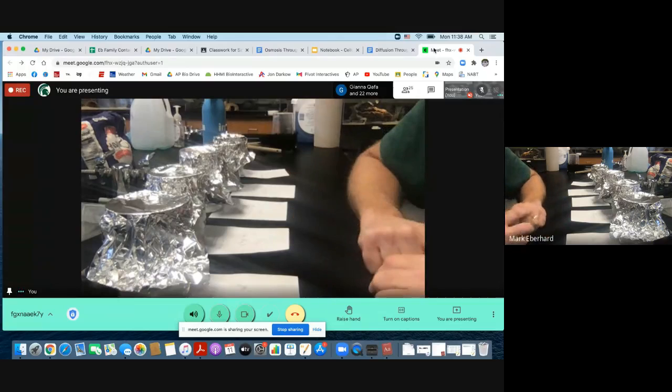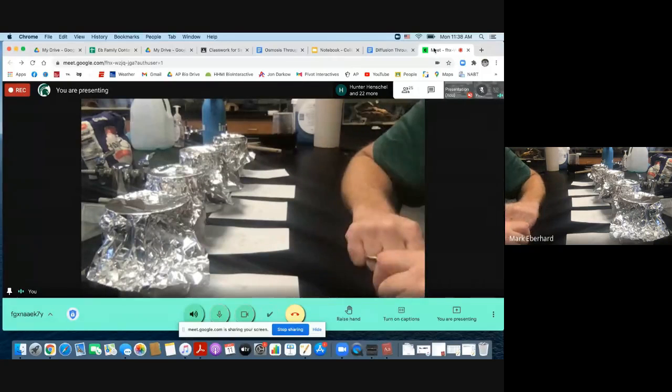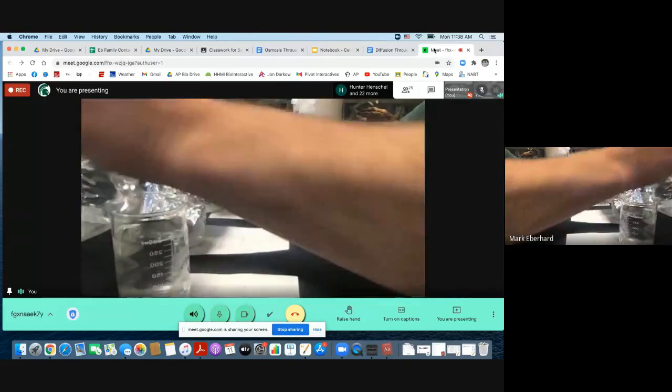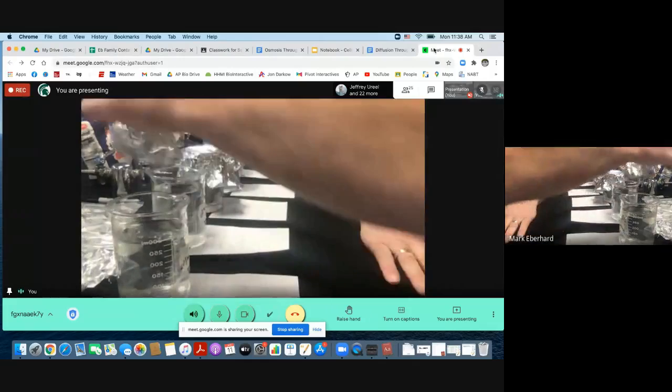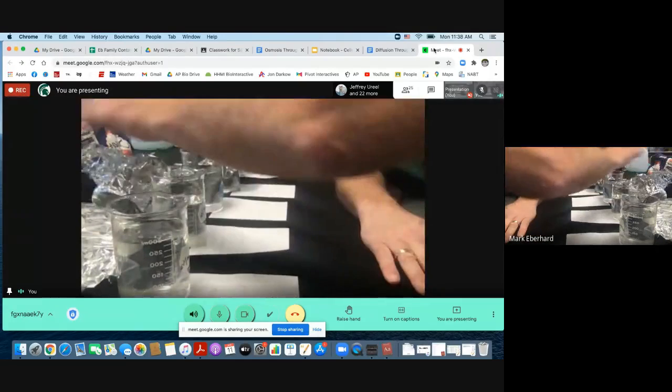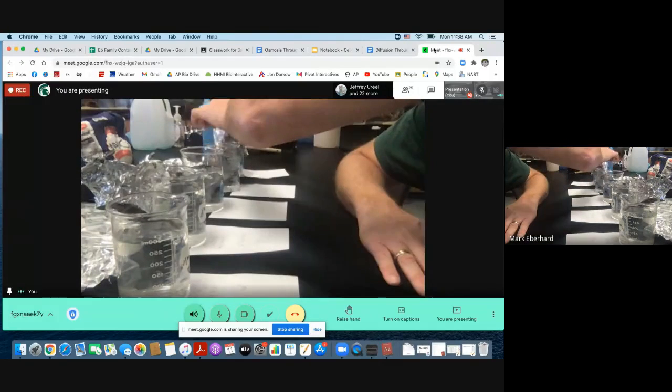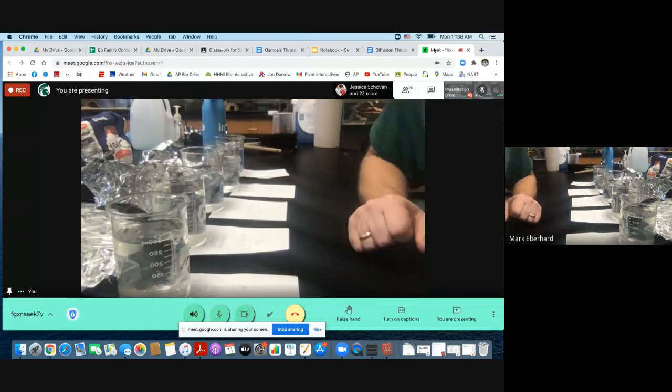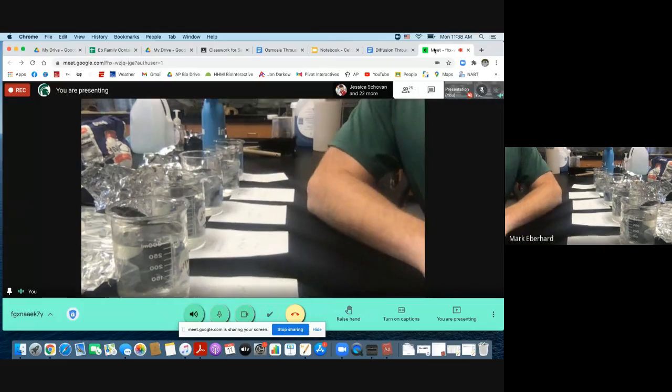And because some of it contains sugar, I was trying to keep the flies out of it. So that's all the foil did, it kept it from evaporating and kept the flies from going after the sugar. I'm just going to take those off, and I have my 5 beakers.